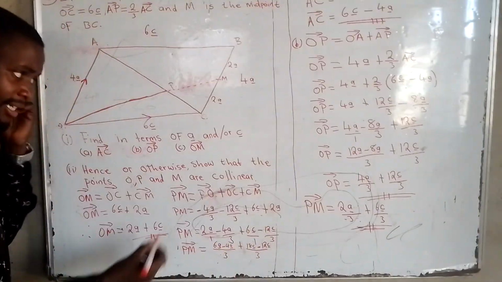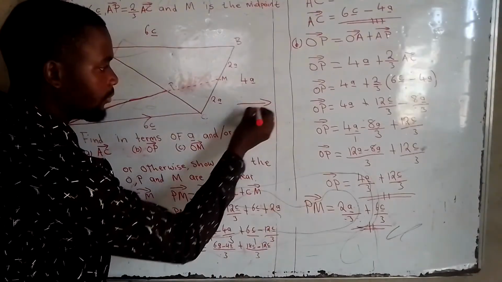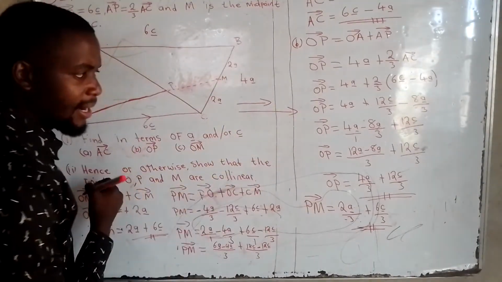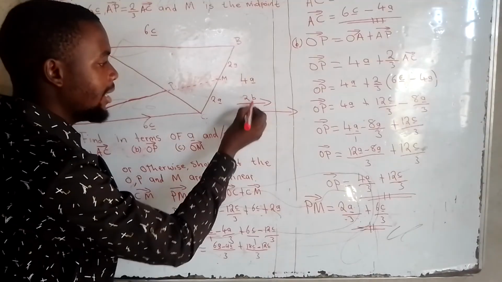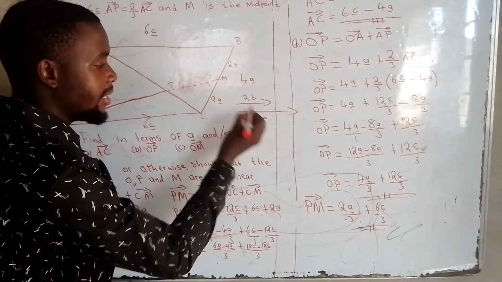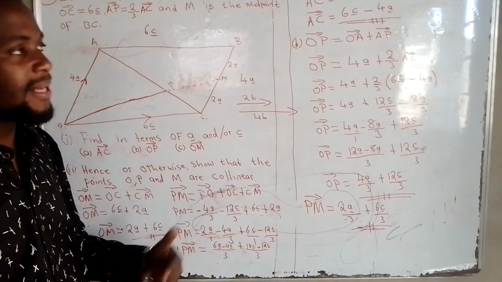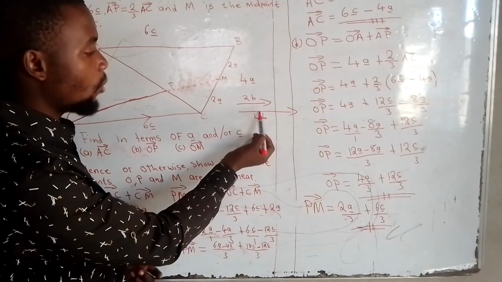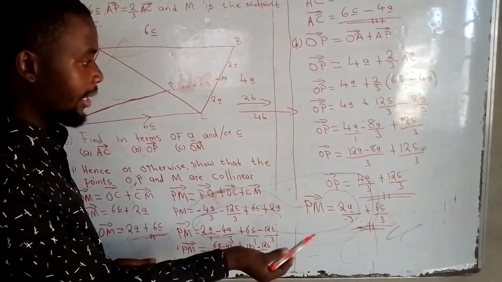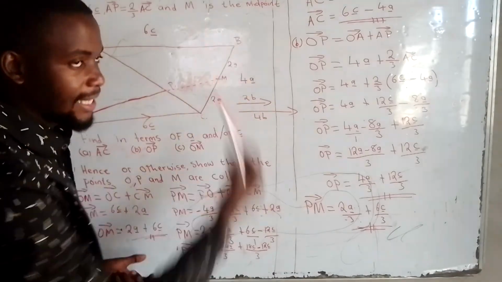Don't worry about the numbers or the coefficients. Like, for example, what I was explaining, if you have two parallel lines with different magnitude, this one can be 2b, then this one can be 4b. So the numbers won't be common, because they're just saying this one is twice this one. The common thing is the letter. That is what we need.